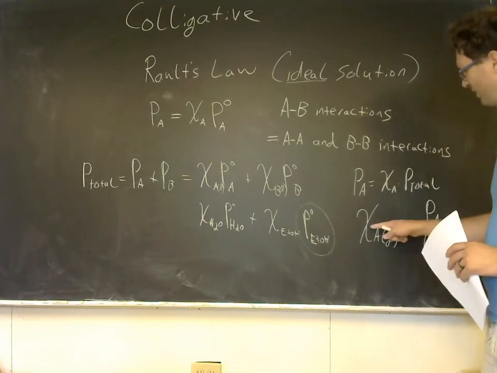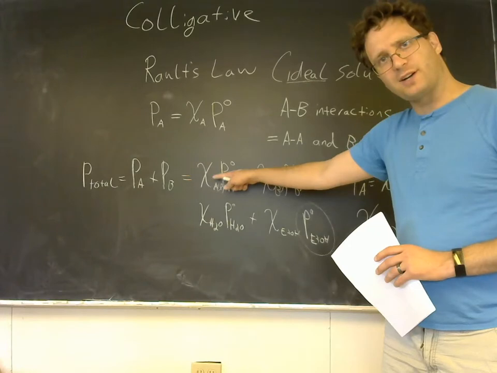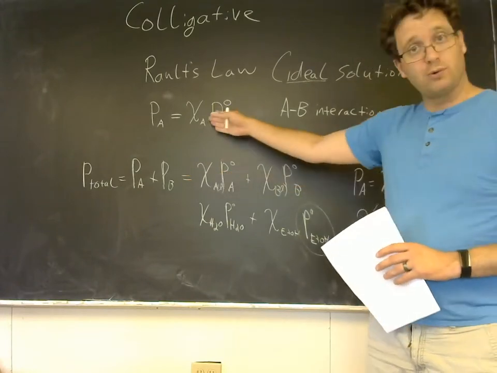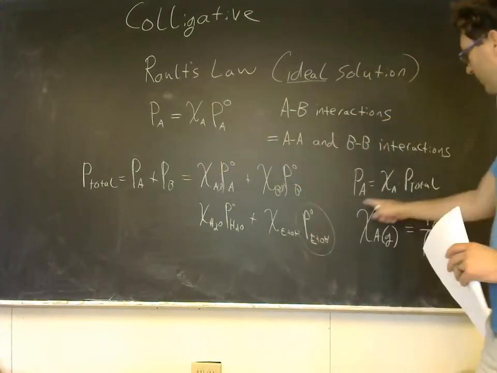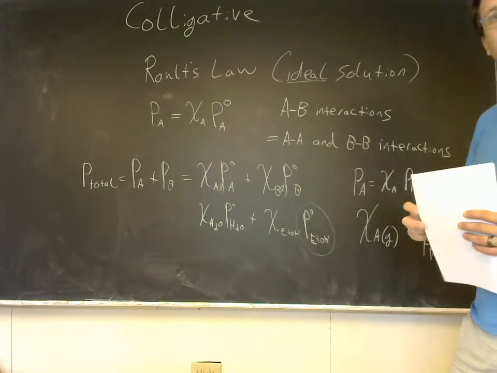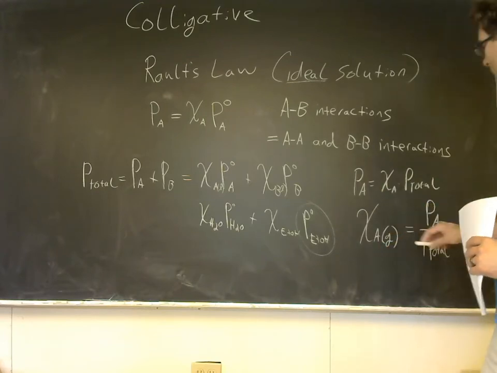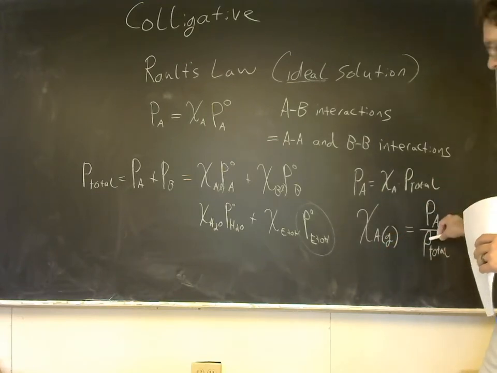So here we've got two different mole fractions. There's the liquid phase mole fraction, which is what goes into Raoult's law, and then the vapor phase mole fraction, which just sort of emphasizes how the vapor phase has different composition. We can calculate that composition itself based on Dalton's law of partial pressures.